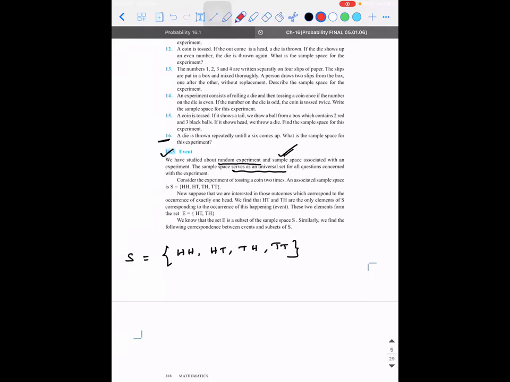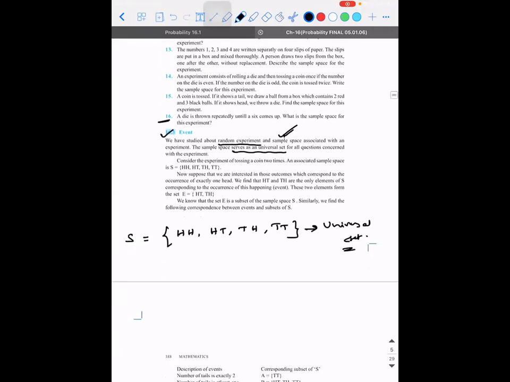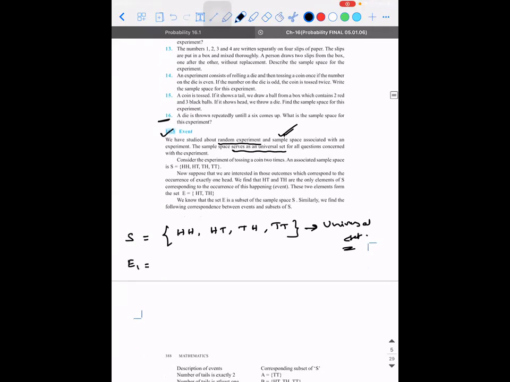This set contains all the possible outcomes. That is why I'm calling it a universal set. From this, you can think of taking a subset. Suppose I write E1 as head, head. What is the statement you're going to give for it?